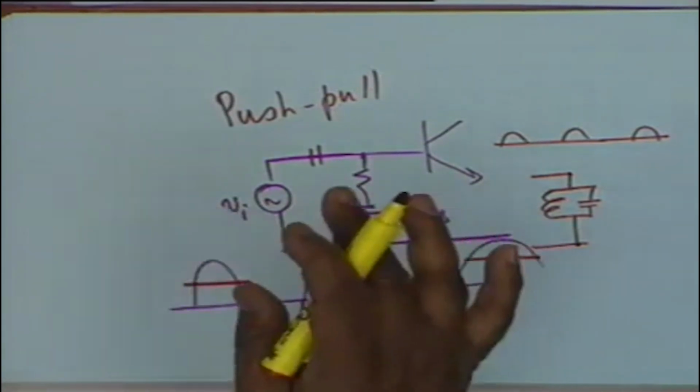At all other frequencies the impedance is low. So the voltage that will be developed across this tuned circuit will be mostly that of the fundamental frequency, and that is how a sinusoid is restored.